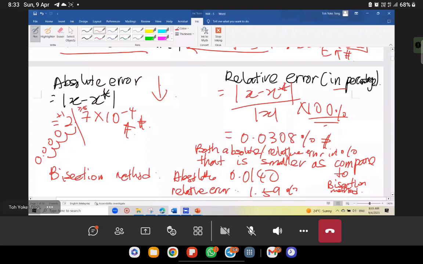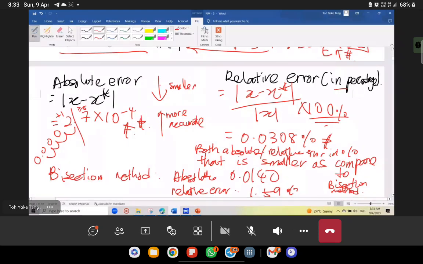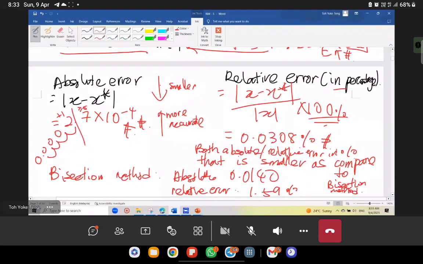That means the Newton-Raphson method is more accurate as compared to the bisection method. Okay, just something I want to share with you. Actually, this question didn't ask you to justify it.